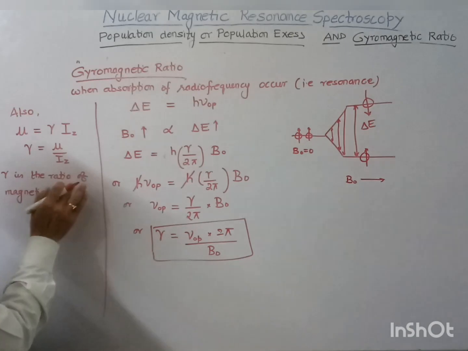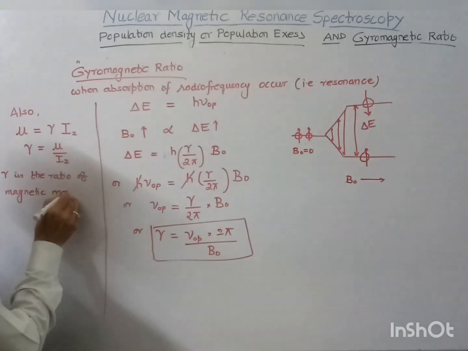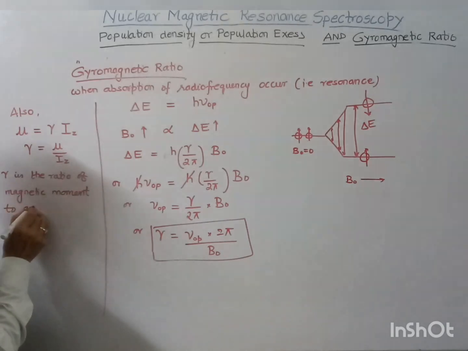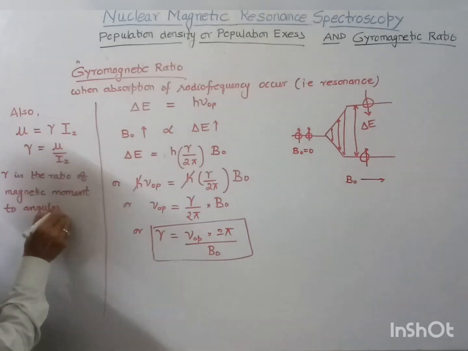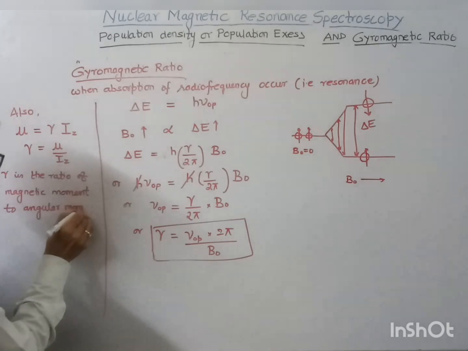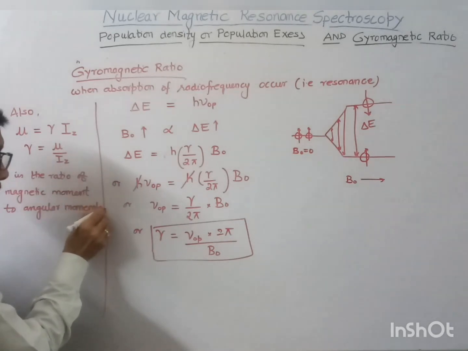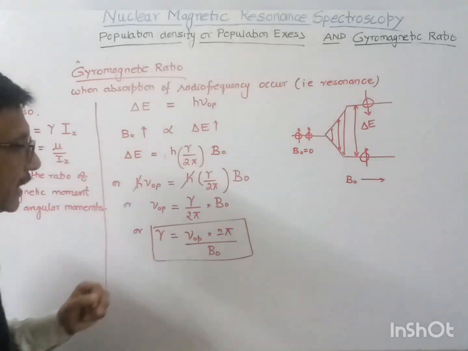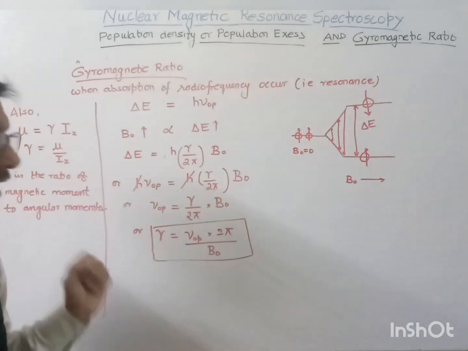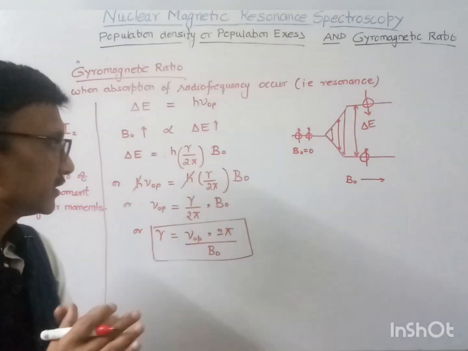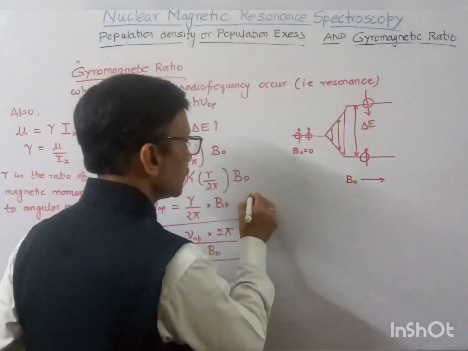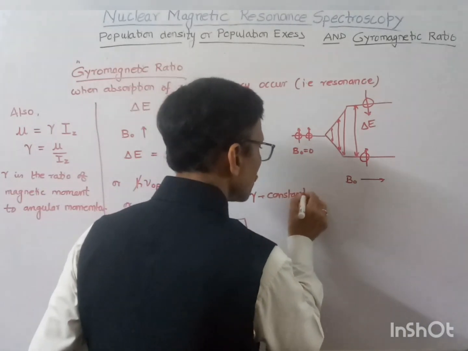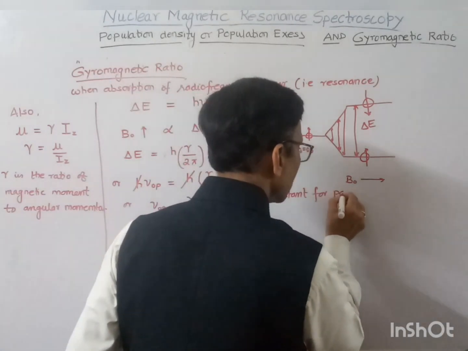So gamma can be represented by either this relation or this relation, and this gamma is constant for a particular nuclei.